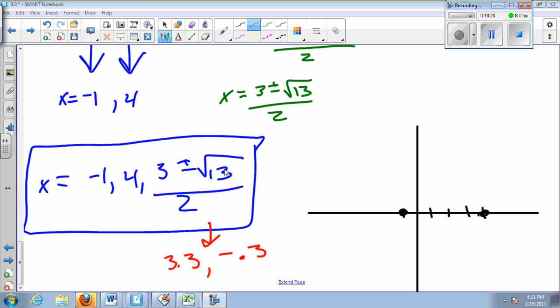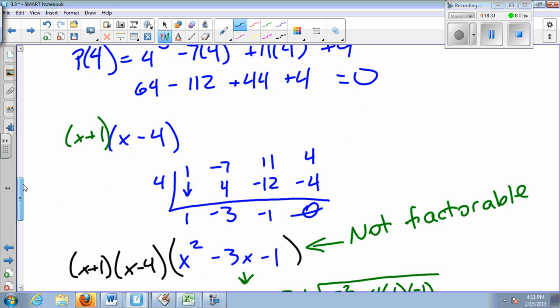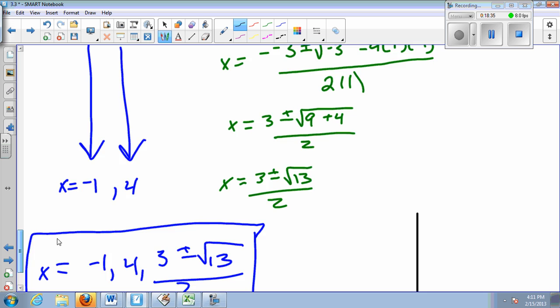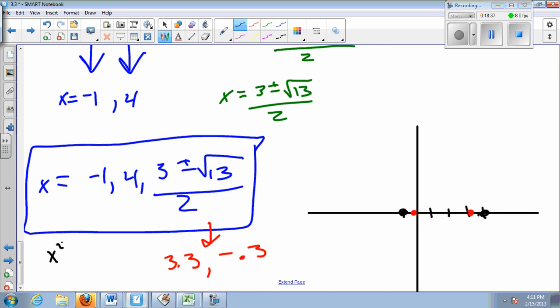So we worked out with the calculator what these points come to for graphing purposes: negative 0.3 and 3.3. We know our leading term was x to the 4th, so it is even and positive.